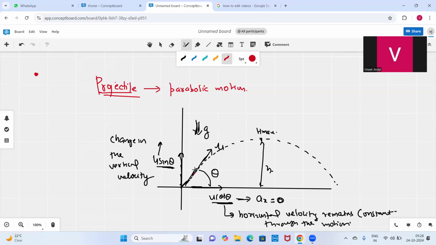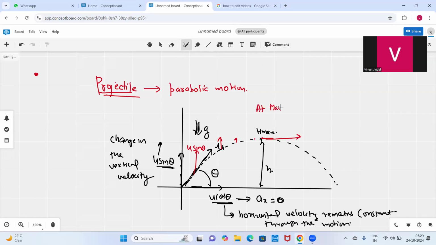Suppose initially the vertical velocity is u sin theta, its magnitude will continue to reduce like this. And when it reaches the top of the height, the vertical velocity is zero.